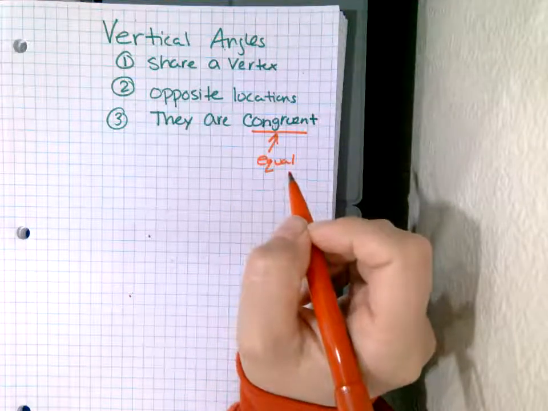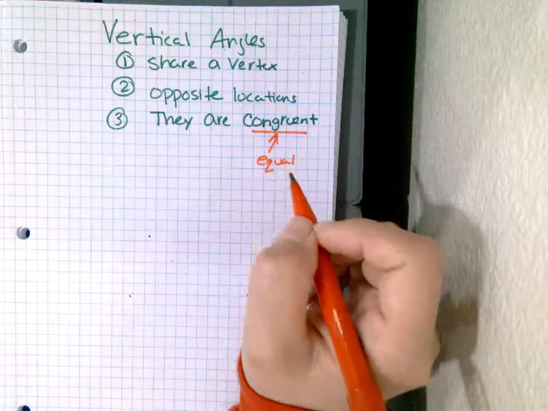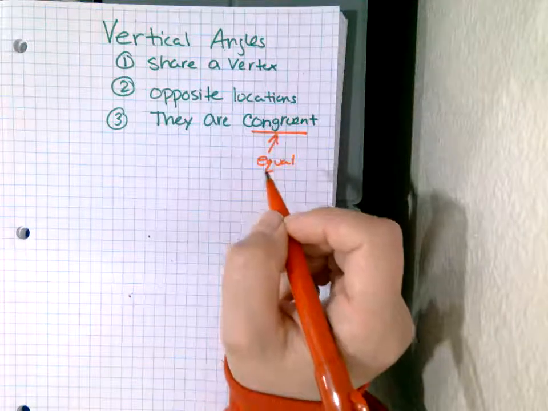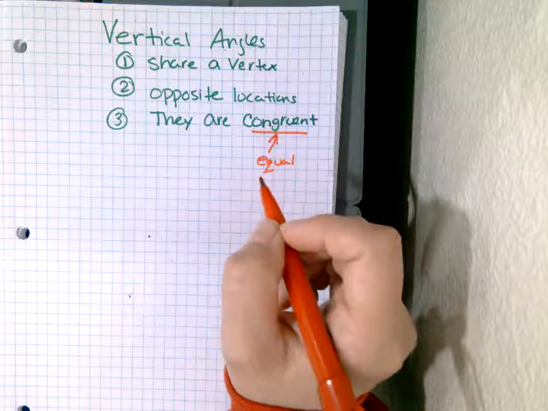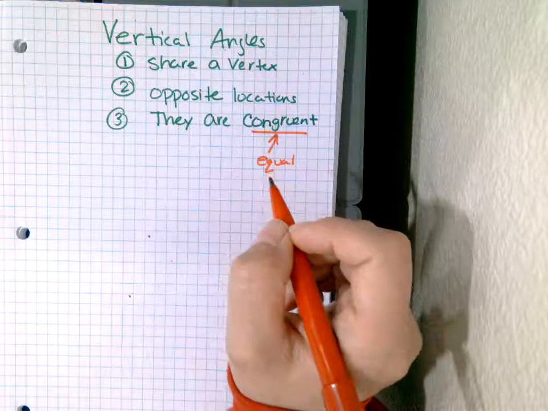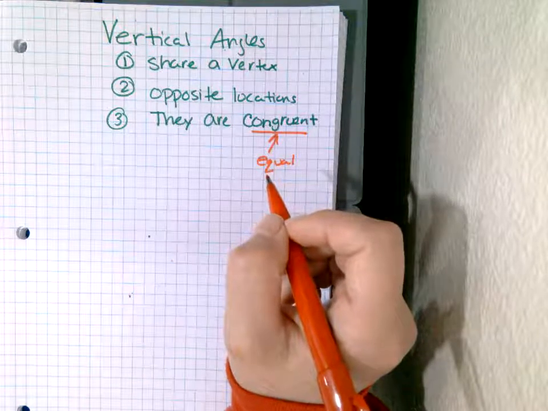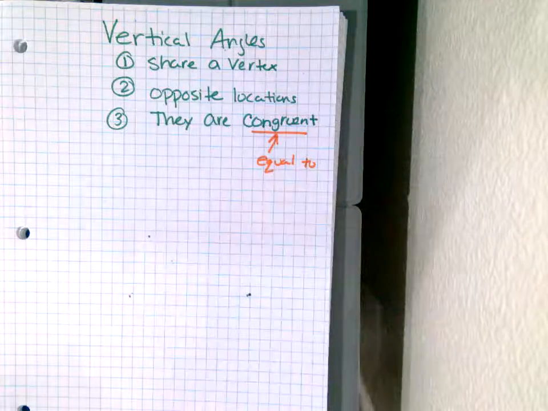But in geometry, we don't use the word equal, we use the word congruent. That's why people love math, because why can't we just say they're equal? No, we cannot. We have to come up with a brand new word, congruent. So if you ever read the word congruent, that just means equal to.